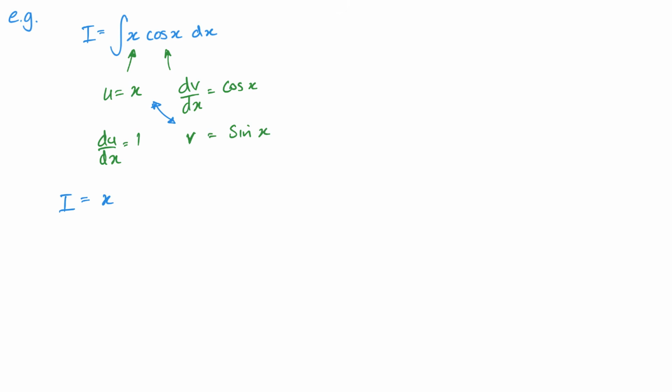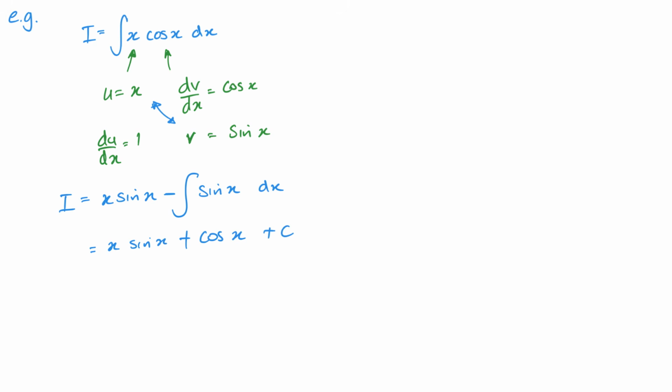So it's going to be x sine x minus, and then I'm integrating v times du by dx, which is just 1. So that is now my new expression. So all we've got left to do now is this integration, which is quite straightforward, isn't it? Integrating sine is negative cos, so it's going to become a plus cos x, and don't forget my constant there.